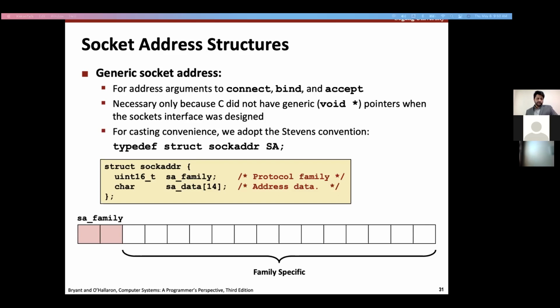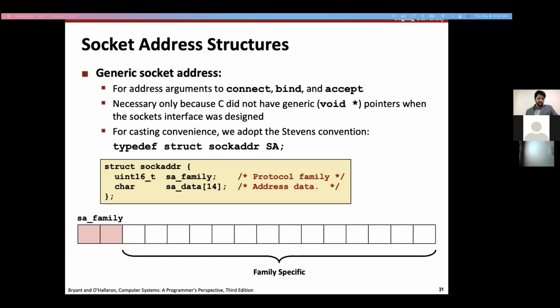If you have incompatible networks, incompatible frames or packet sizes, how are you going to deal with these problems? In modern times we use the generic void pointer, which did not exist in C at that time. So the solution was to define socket functions to expect a pointer to a generic socket address structure.